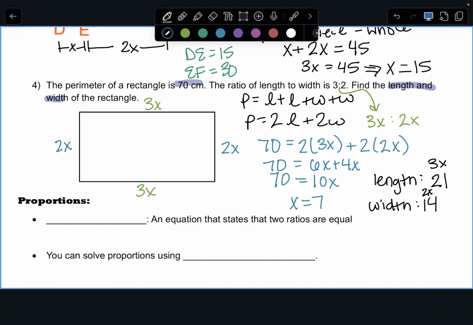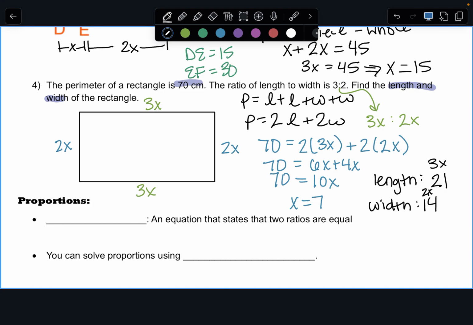Can someone tell me why I don't like that answer? It is simplified. We can't simplify 21 or 14 down. It does equal 70 if we plugged them back into here and added them up.